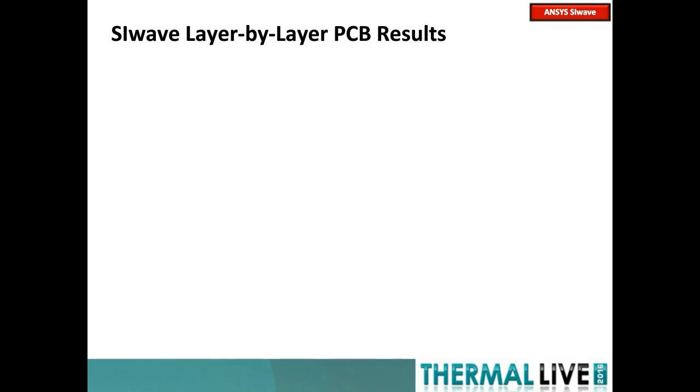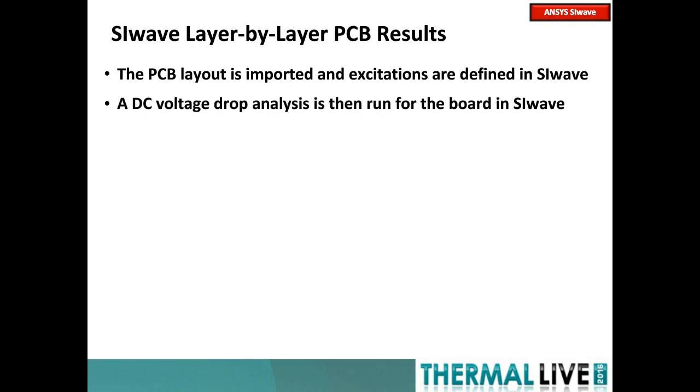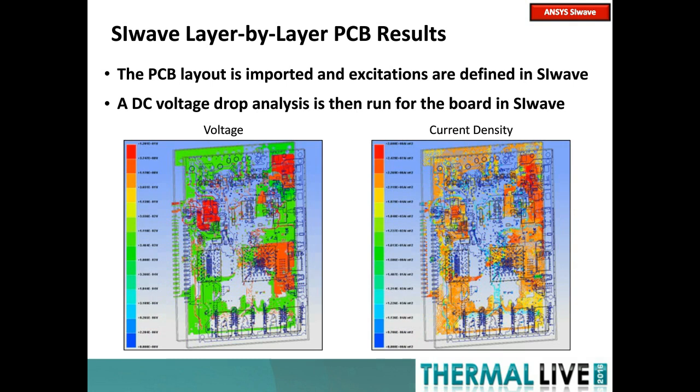Now, the first step is to import the printed circuit board layout into SI Wave, and then define the excitations there in SI Wave. Once that's been done, a DC voltage drop analysis is run for the board in SI Wave. From this DC voltage drop analysis, we get voltage and current density as shown here.